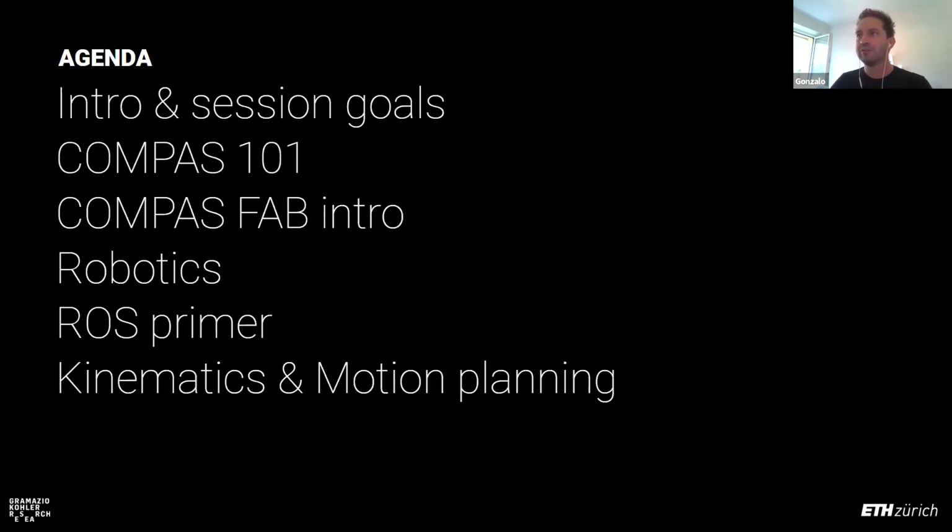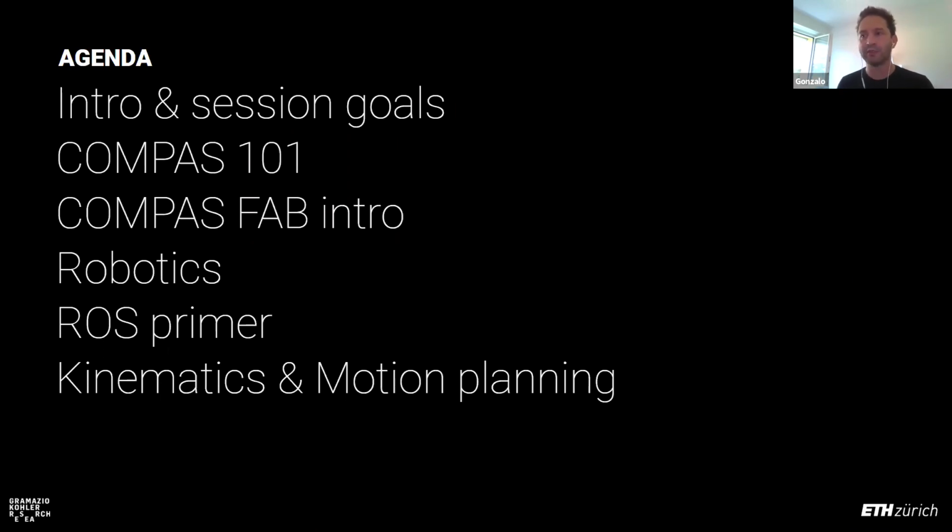So the agenda for today is an introduction to this session. Then we will go into the 101 of COMPAS: what is the COMPAS framework? An introduction into COMPAS FAB in particular. And then I will talk about robotics. There are 3 topics that I will go through. One is fundamentals, the very basics of robotics. Then robot models and the robotic backends that we use for COMPAS FAB.